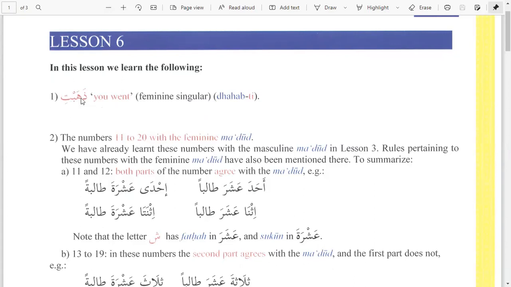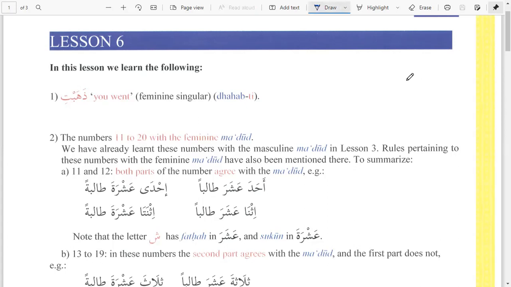Zahabta we use for the second person masculine singular. And for the second person feminine singular we use Zahabti.